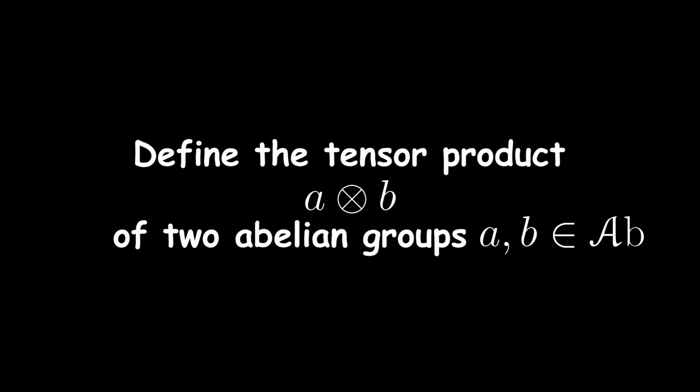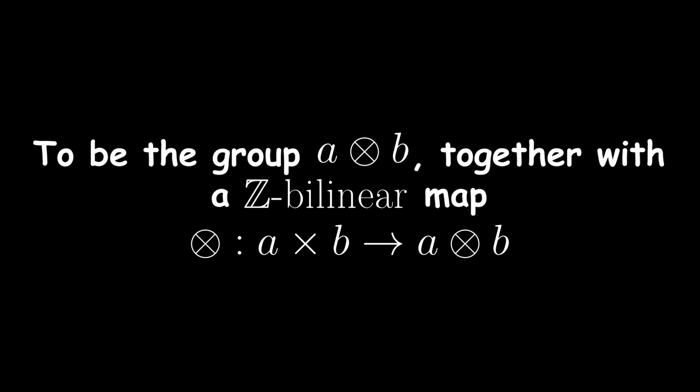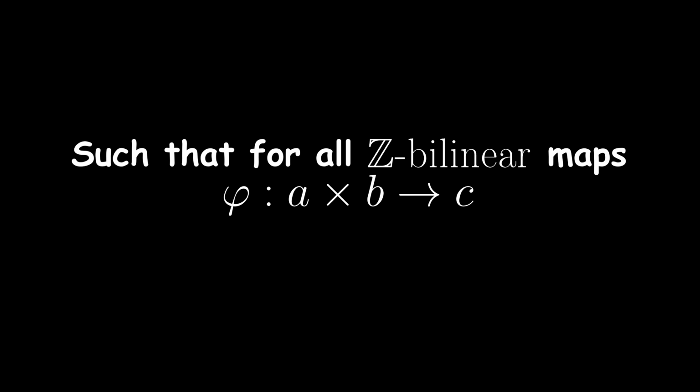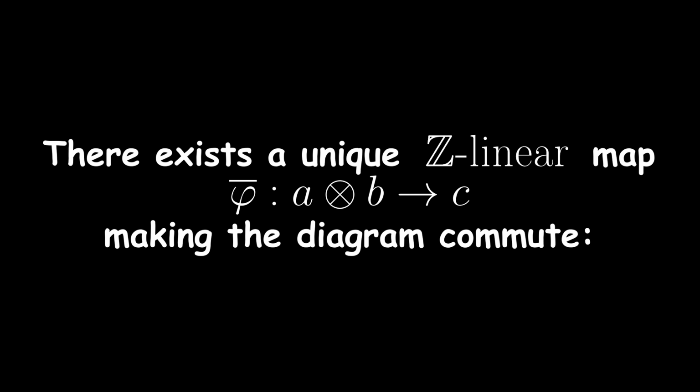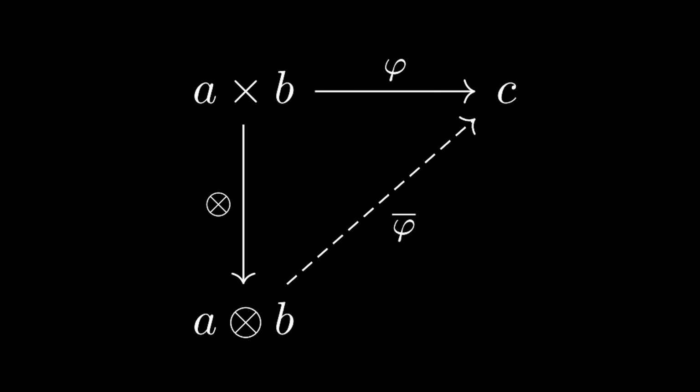Define the tensor product A tensor B of two abelian groups A and B to be the group together with a Z-bilinear map tensor from A cross B to A tensor B, such that for all Z-bilinear maps phi from A cross B to C, there exists a unique Z-linear map phi bar from A tensor B to C, making this diagram commute.